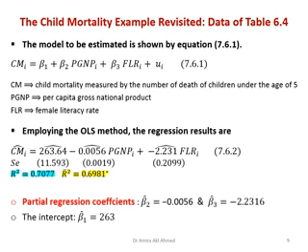In chapter 6, we studied the relationship between the child mortality and per capita gross national product, and we found that per capita GNP has a negative impact on child mortality, as one would expect. Now let's consider the effect of the female literacy on child mortality.